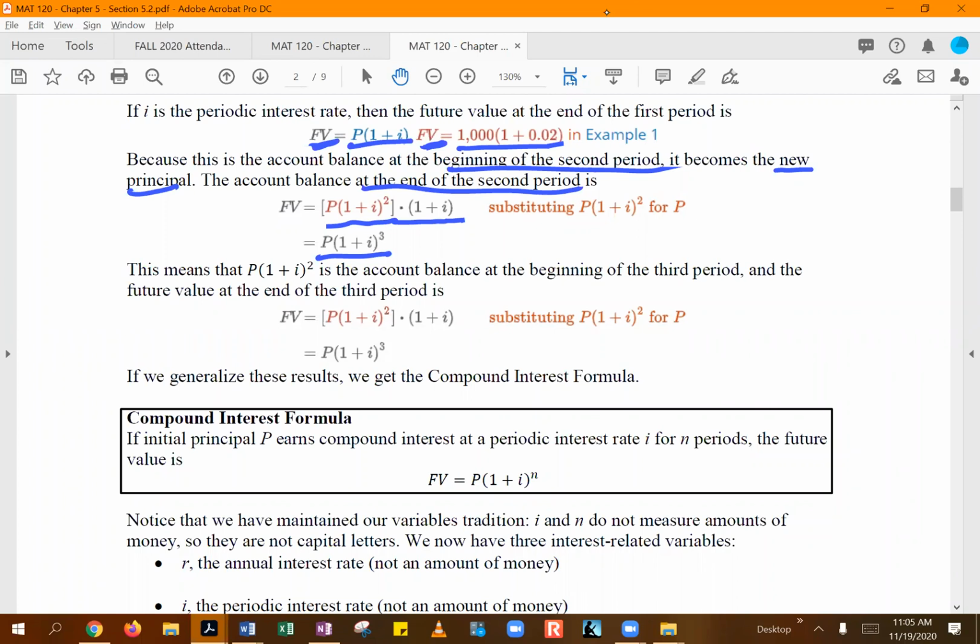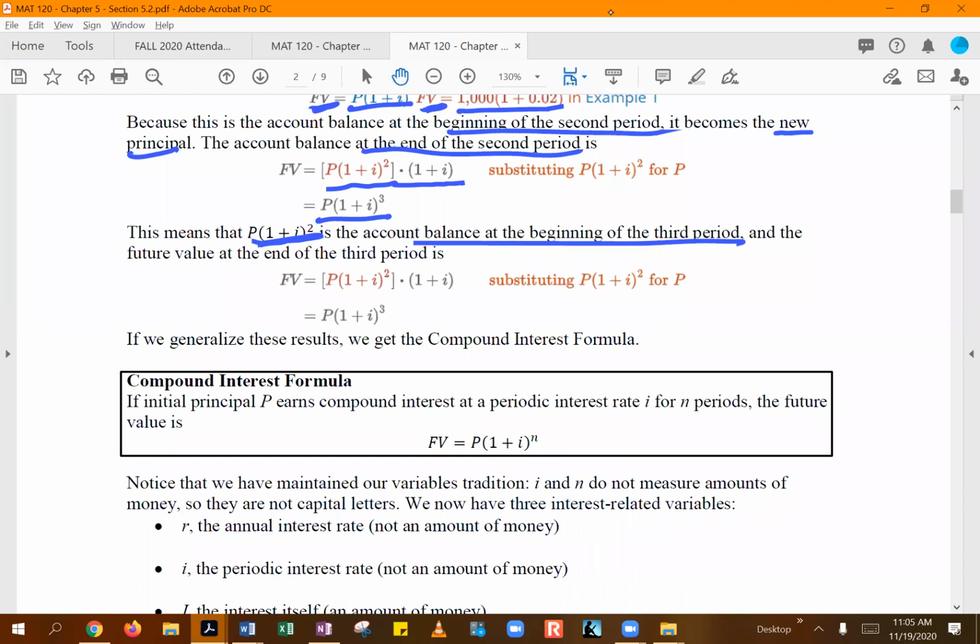So that's actually what your balance would end up becoming at the end of your third period. So then the P(1 plus I) quantity squared was at the beginning of the third period, but by the time you get to the end, you would actually end up with this one over here.